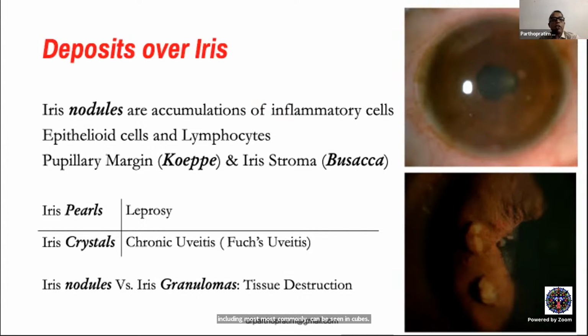Now, one should know the difference between the iris nodules and the iris granuloma. The difference is that iris nodules are accumulated deposits of epithelioid cells and lymphocytes that don't cause any tissue destruction. So the iris nodules don't cause tissue destruction, whereas the iris granulomas are known to cause tissue destruction.